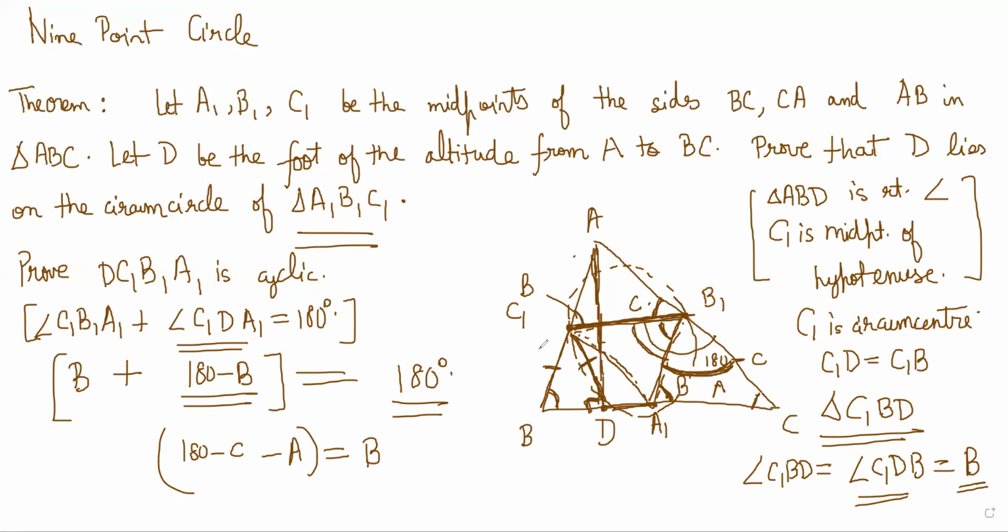Okay, so understand what happened. To prove this cyclicity, we have to prove that this plus this is supplementary. Then we started thinking about each of the angles individually. C1DA1 came out to be 180 minus B, because C1 was the midpoint of the hypotenuse of triangle ABD, so C1D was equal to C1B.